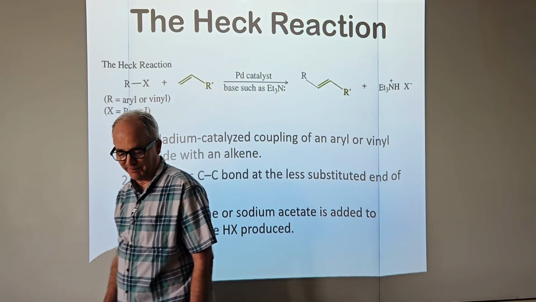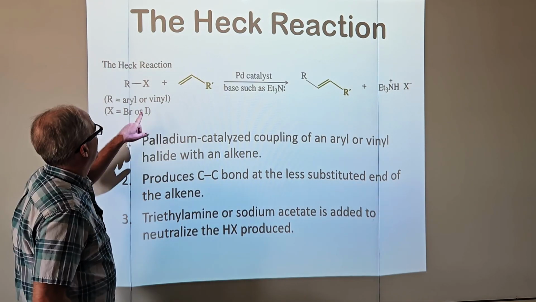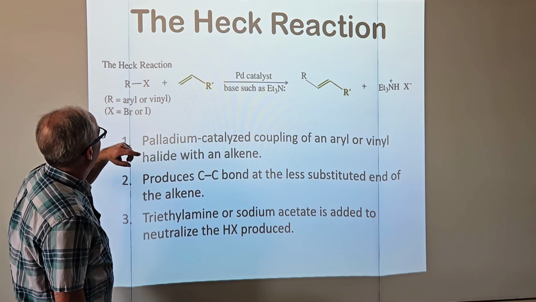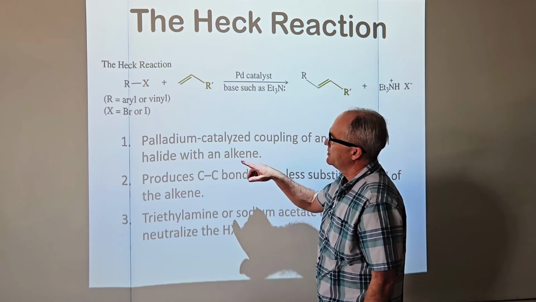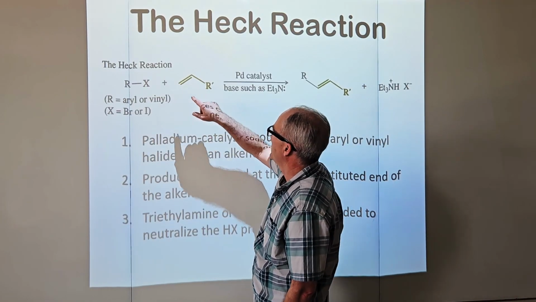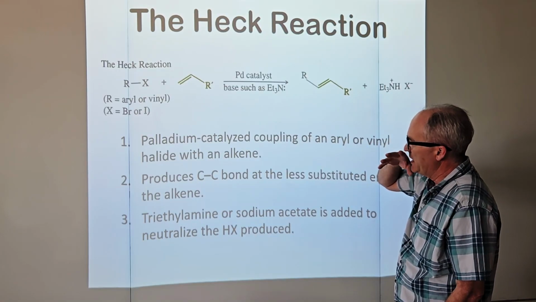The Heck reaction uses a palladium catalyst, and right here we're not even seeing any benzene chemistry, but here is an alkyl halide, and here is a vinyl group. The important thing is we got this double bond here, and the palladium catalyst and the base.